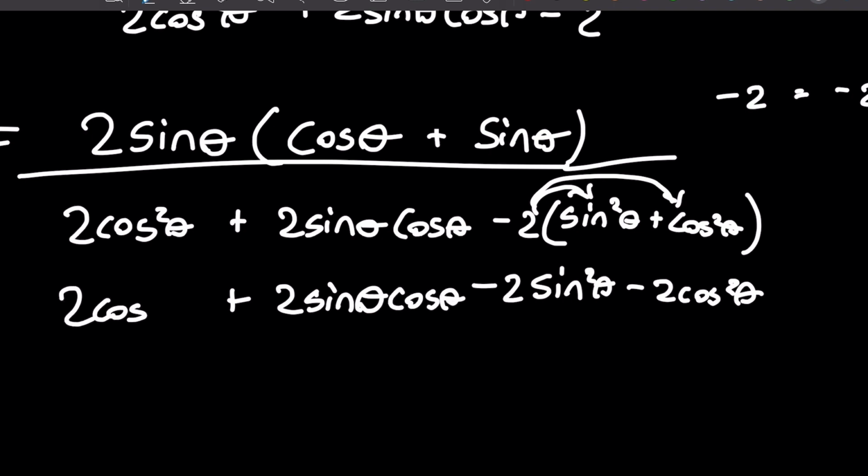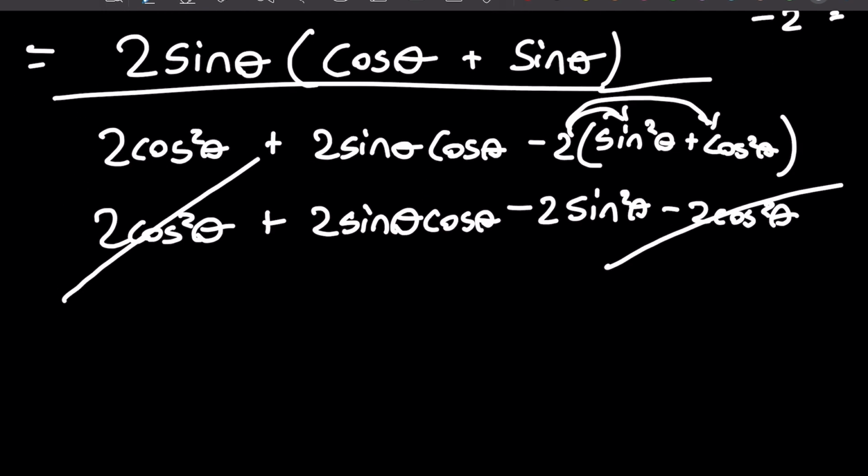And great. Well, now what can we do? Well, if I just look at this so far, is there anything that we can cancel out? Yes, there is. Minus 2 cos squared theta plus 2 cos squared theta. Right?